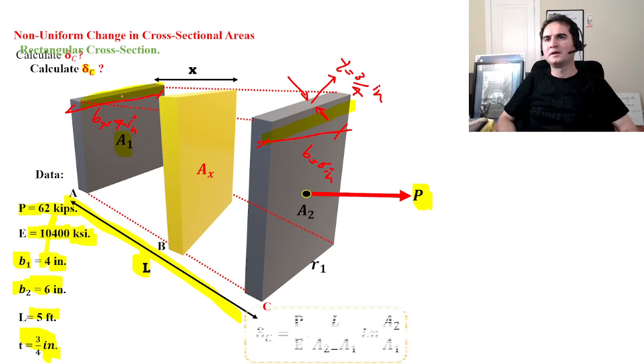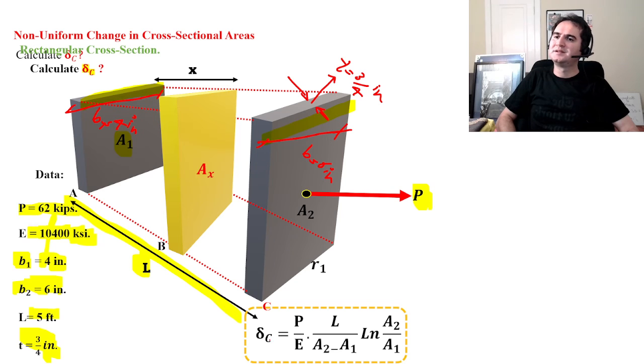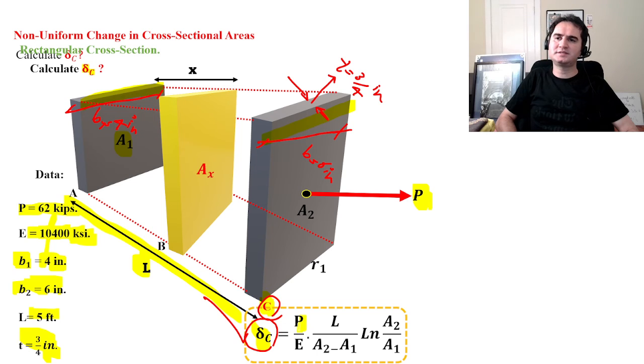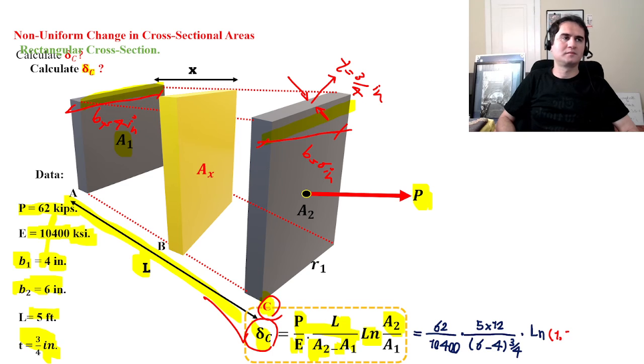If you replace the numeric values in the delta C equation, because that's C here, it gives you delta C equal to P over E times L over (A2 minus A1) times ln of A2 over A1. And ln is the Neperian logarithm.